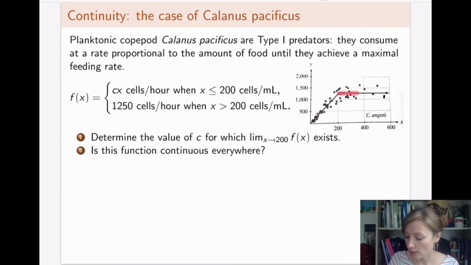Okay, so after 200, the copepod feeds at around the same rate of 1250 is what they approximated. This isn't the only data they had, this is just one of the samples. But up until then, they were increasing their rate of eating as the concentration of the food was increasing as well. Okay, so they use this piecewise function to actually model the situation.